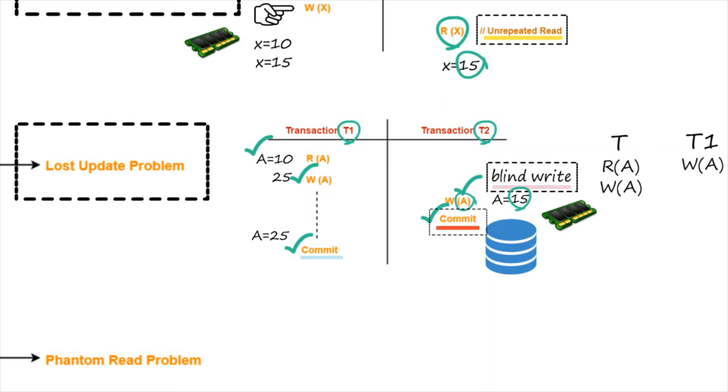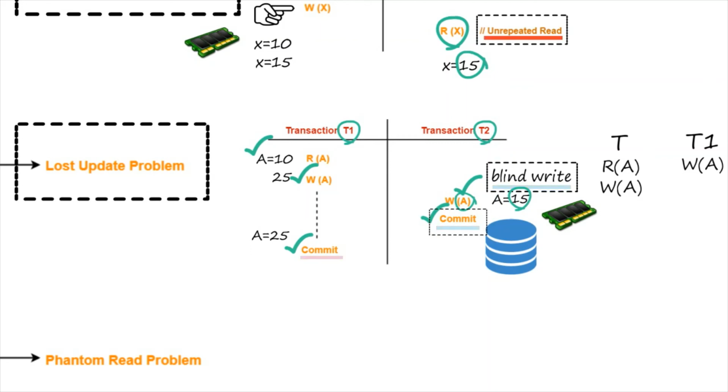So this kind of problem is known as the lost update problem. Now here you have to understand one note, that this problem occurs whenever there is a write-write conflict. From this example we can find another reason why this update got lost. We have blind write, we have different timing of commit.